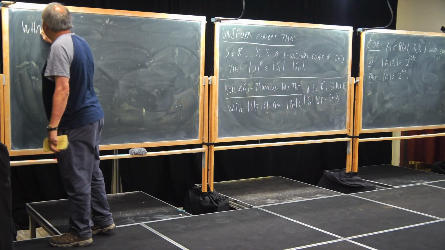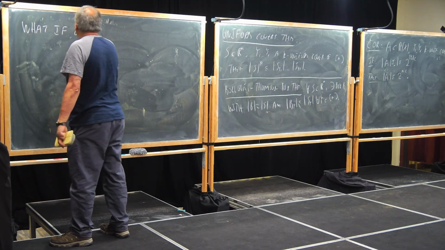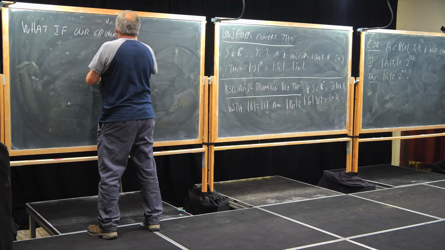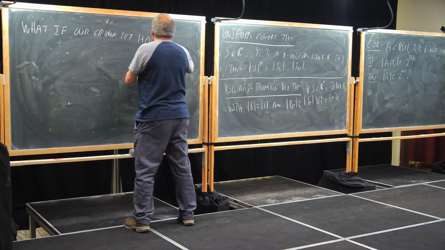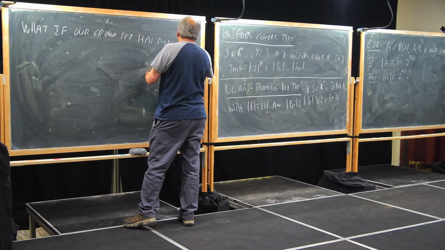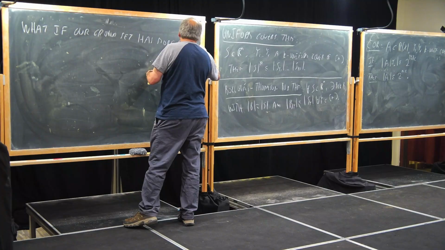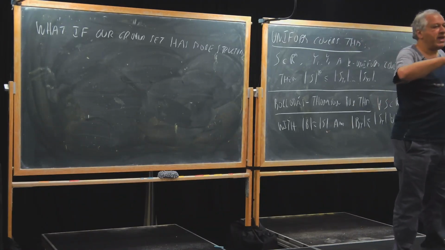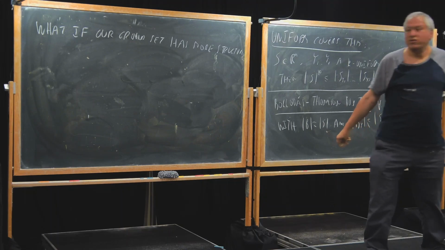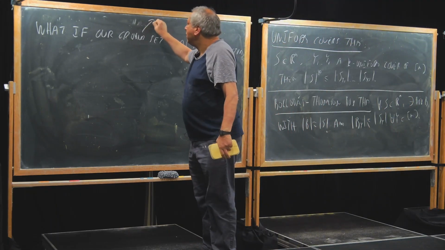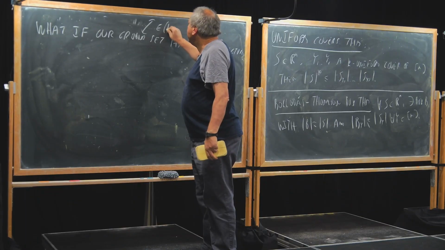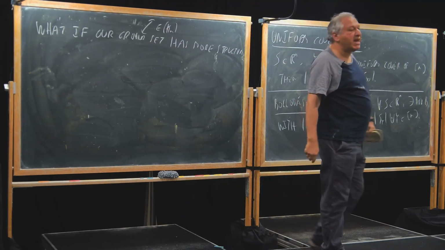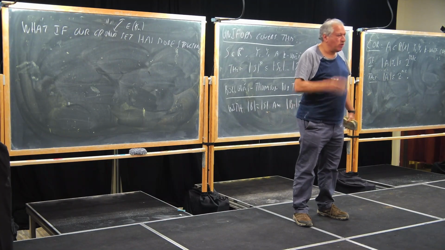So what if our ground set has more structure? The simplest example, I guess, would be you could take the edge set of a complete graph. So try the edge set of a complete graph. So I'm thinking of I've got a ground set I'm choosing sets from, but the ground set is all edges of a complete graph.